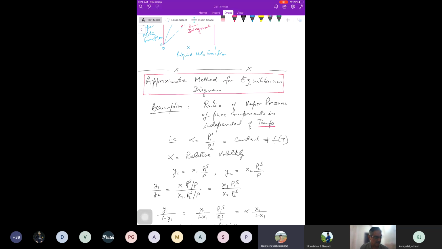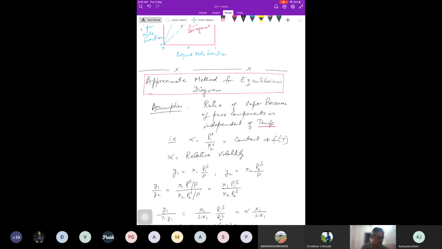अच्छा ठीक है. So alpha is nothing but ratio of vapor pressure of component 1 divided by vapor pressure of component 2. So component 1 is always more volatile component, and component 2 is less volatile component. Remember that. And that is what called it relative volatility. कितना ज़्यादा volatile है एक component related to another component.